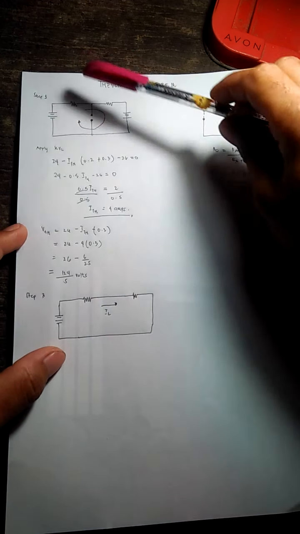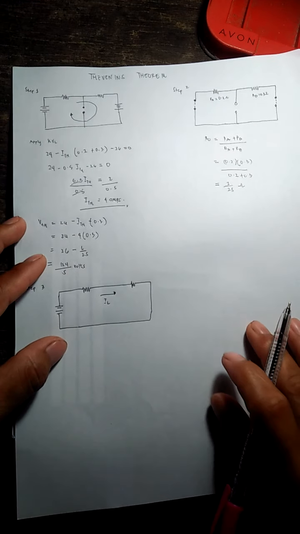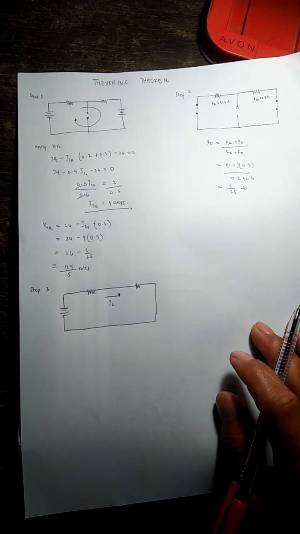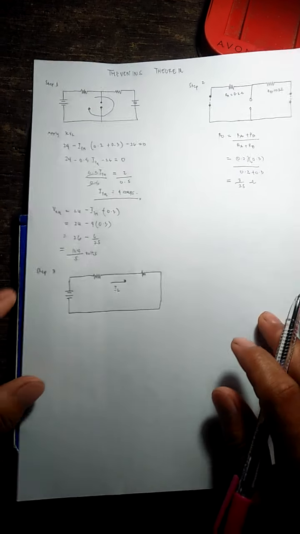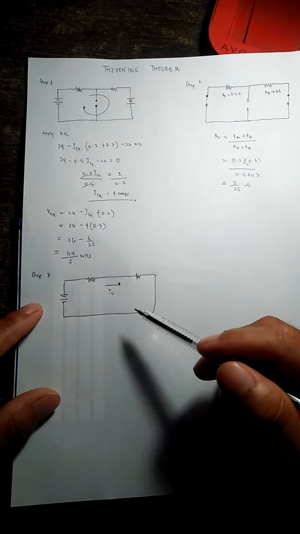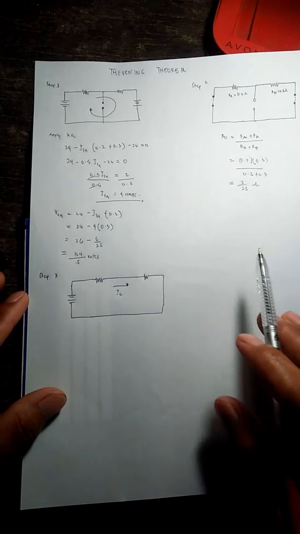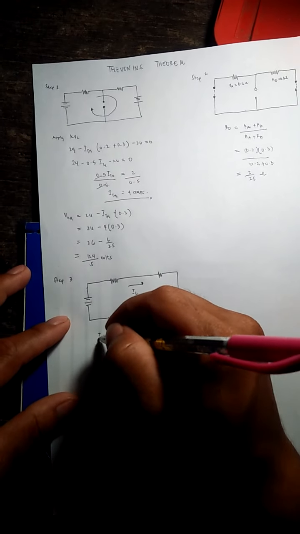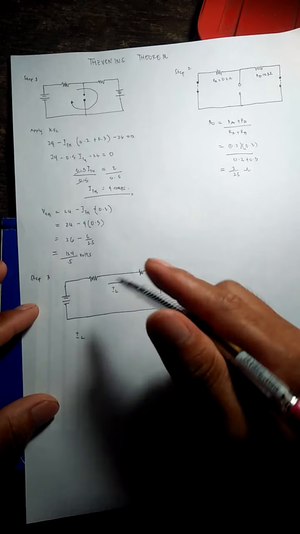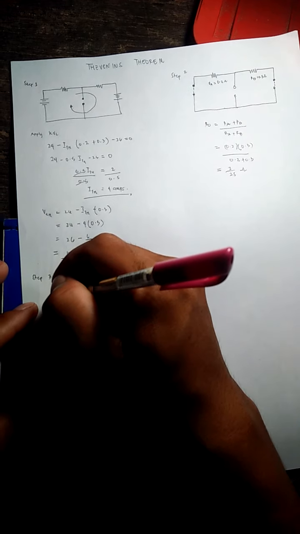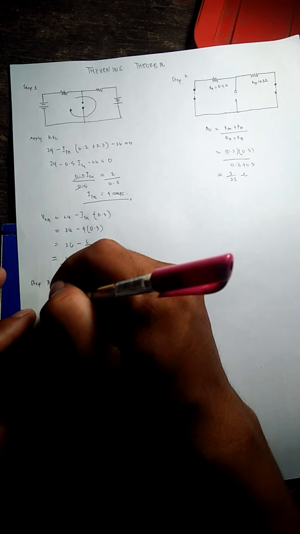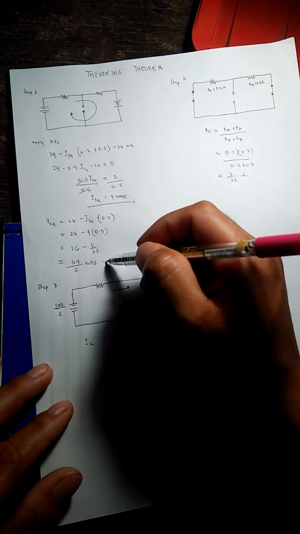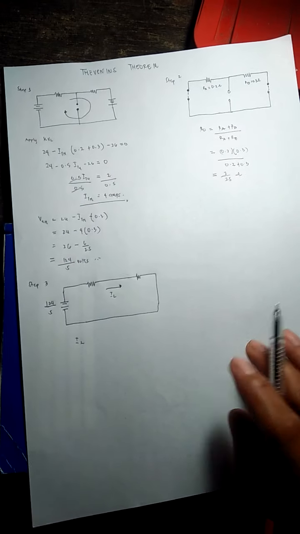So we are done with our step 1 and step 2, and we are now with our step 3, which is construct the Thevenin's equivalent circuit and solve the following. So I redraw the diagram into this one so that it will be easy for me to solve the IL. Let us first write the given: 124 over 5 volts, which is this one, our EO.